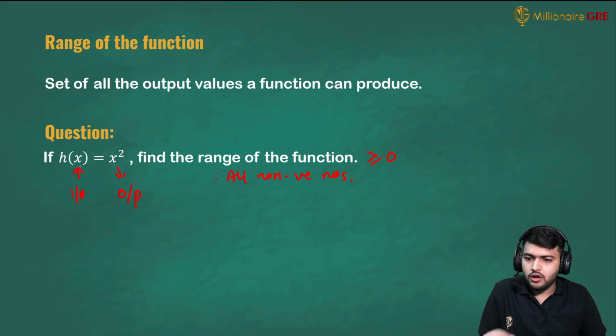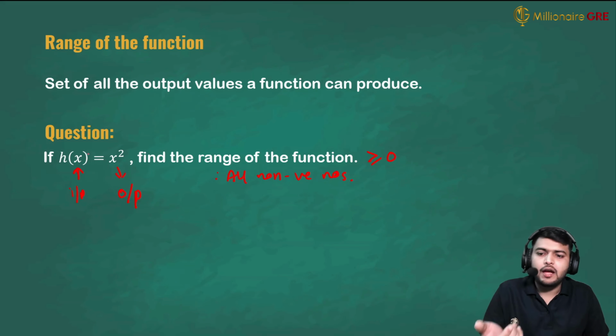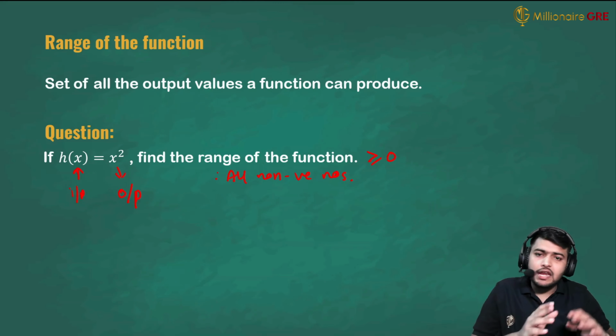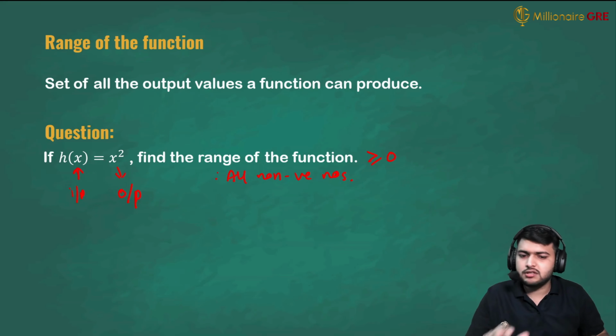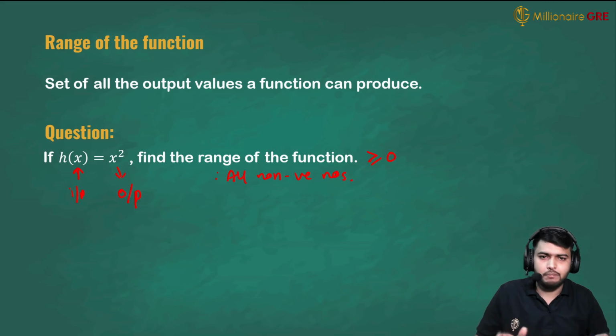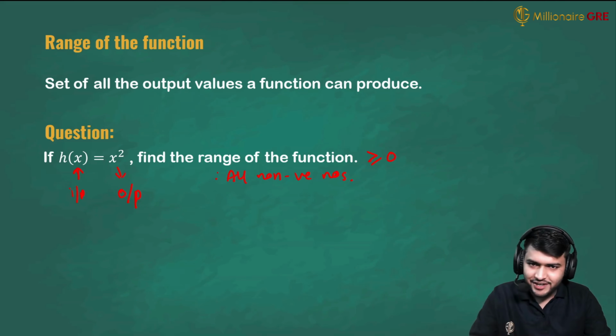If x is 0, if the input is 0, output is 0. If x is anything negative, output will be positive. If x is positive, output will also be positive. So output can be any non-negative number. So range is the set of all non-negative numbers. I hope this is clear.